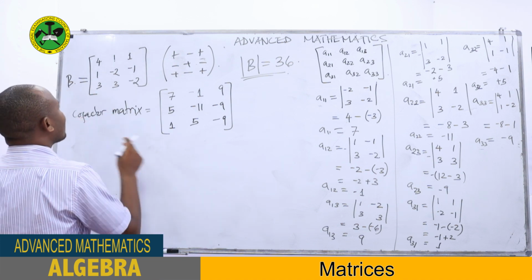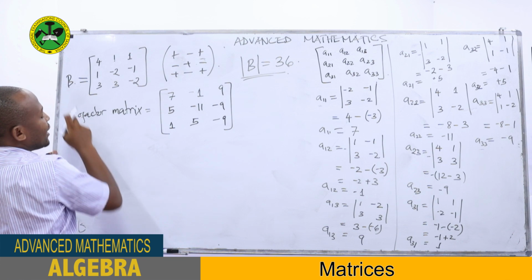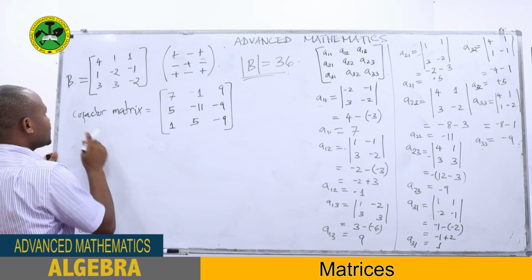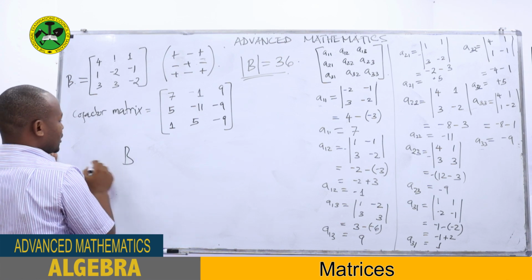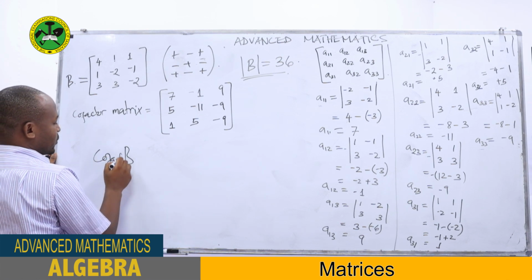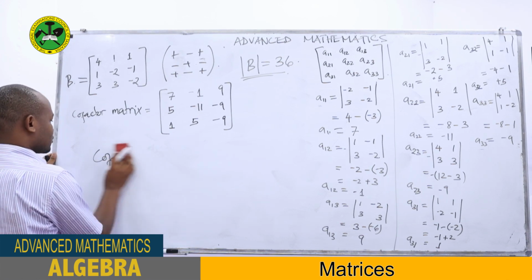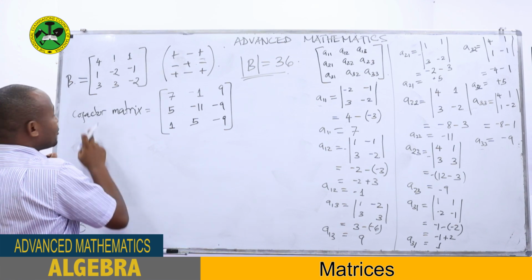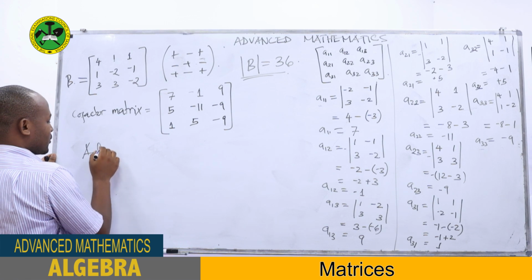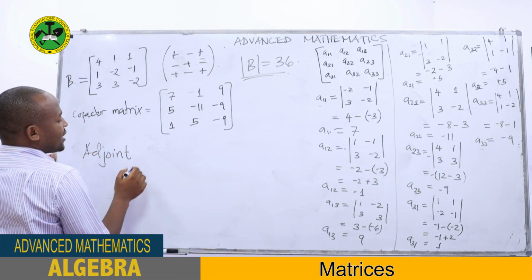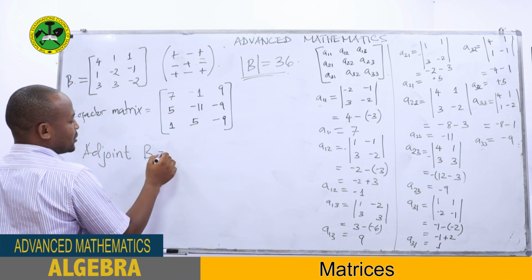That means let's find the adjoint matrix of B. Now, if we transpose this, we shall have the adjoint of matrix B, which equals what?